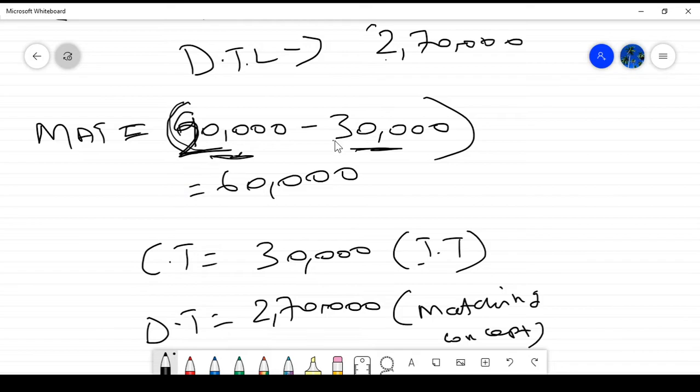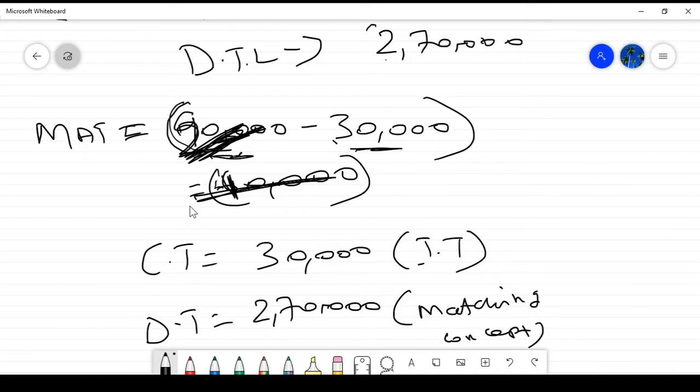What is my existing tax? 30,000. Then a negative 10,000 will come. Then you need not pay anything on MAT. Only if it is an excess over your income tax, then only you have to pay MAT. If MAT is less than your income tax amount, then you need not pay anything on MAT.